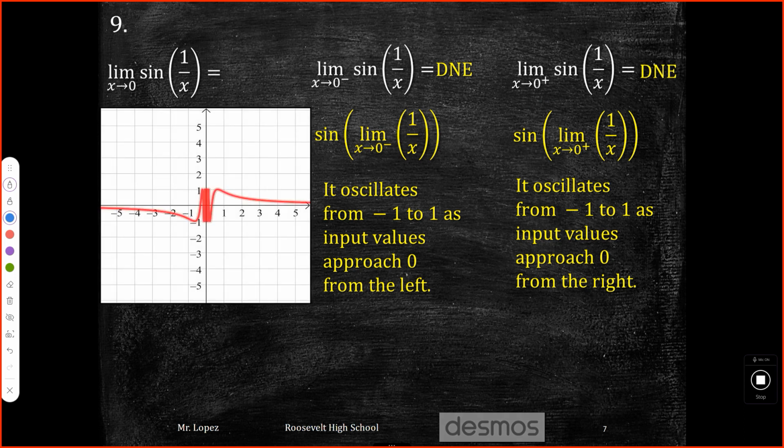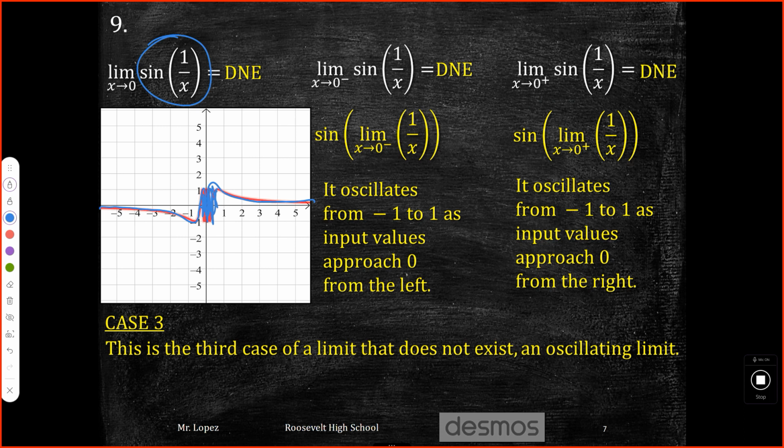This is what it looks like when you graph sine of 1 over x. It just oscillates up and down. When it oscillates, there's no final limit number that it approaches. So this is the third case of a limit that does not exist. It's an oscillating limit.